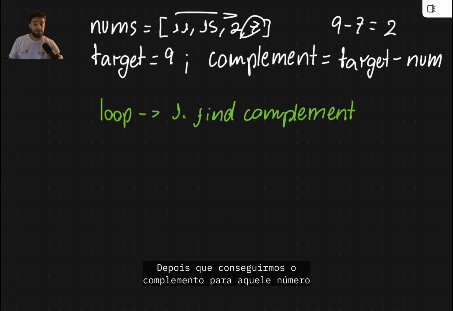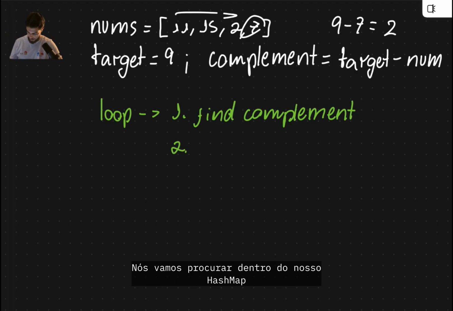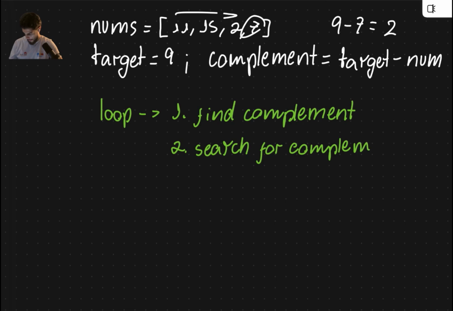After we get the complement for that number, we're going to look inside our hash map. So search for the complement. And then we have two options here.